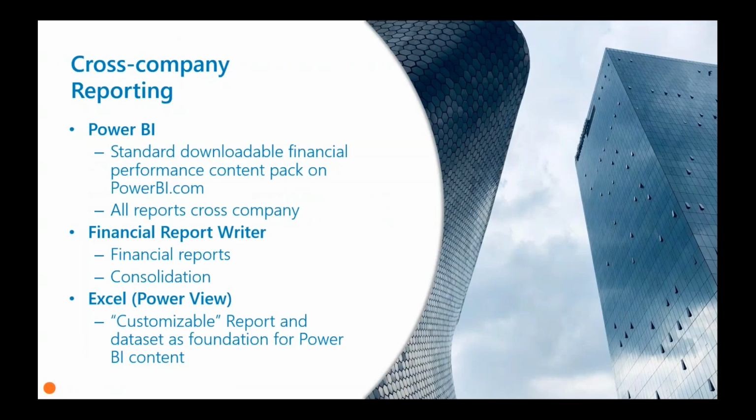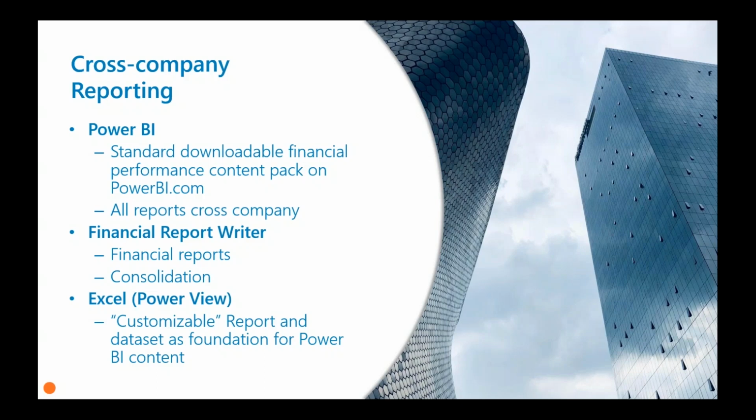Okay, moving on to the reporting section now, and of course the cross-company reporting. So there's essentially 3 reporting tools available with F&O. We'll focus on the first 2. Financial Report Writer, which used to be called Management Reporter, for those of you who are familiar with Management Reporter in the previous versions, is your financial reporting tool, which you can use for financial reporting and consolidation.